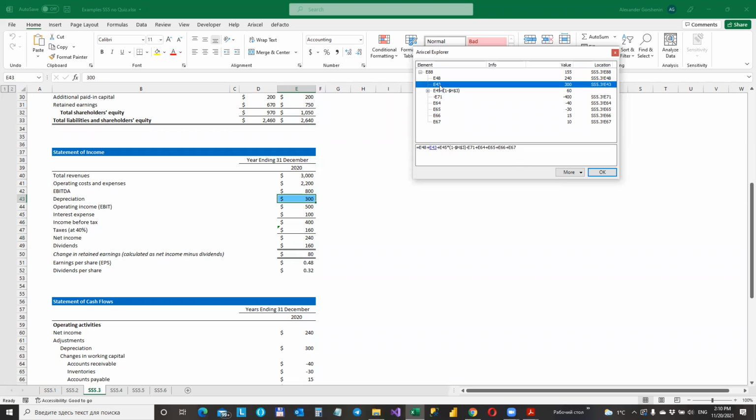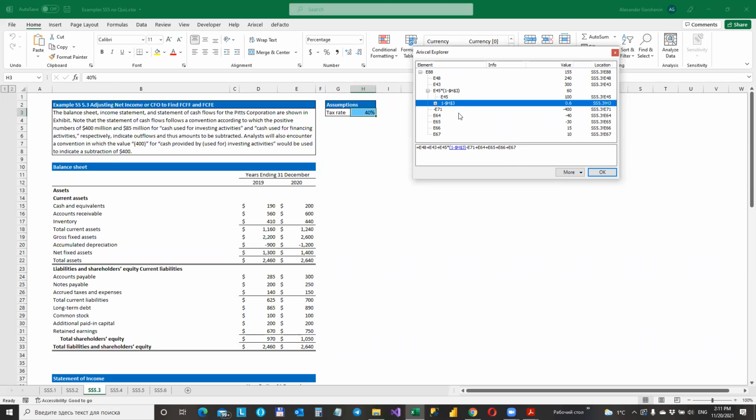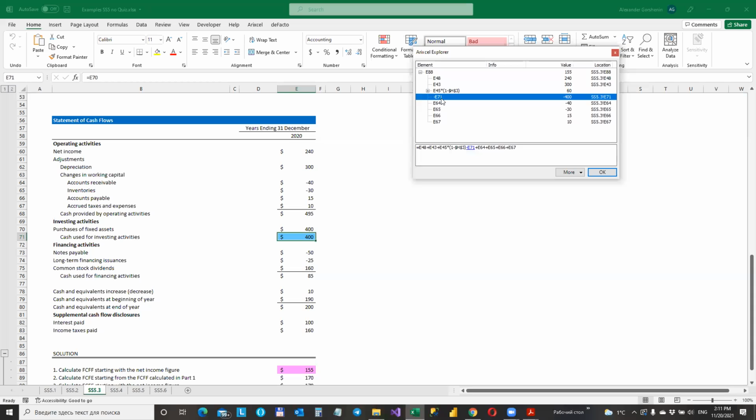Then we add back depreciation. We have our interest expense added back, multiplied by 1 minus tax rate. Here you can see that it is minus 400. If we had negative figures in a statement, then we would add it.